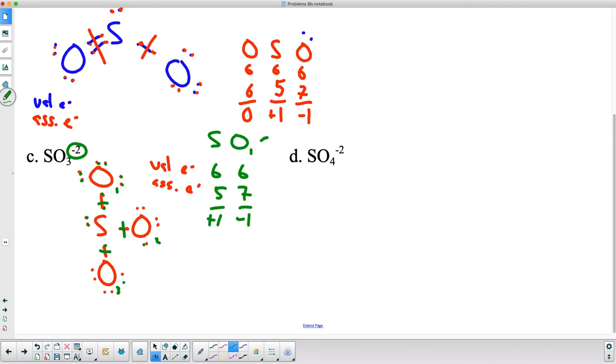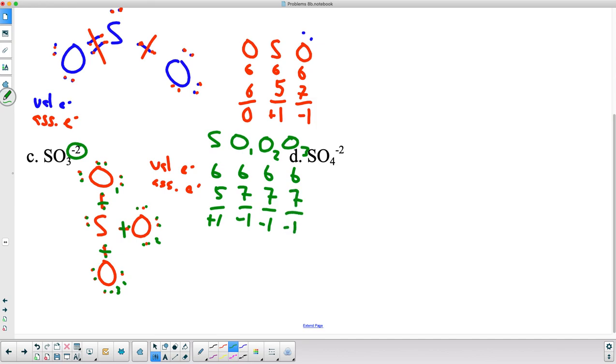How about oxygen number 2 is 6. 1, 2, 3, 4, 5, 6, 7. -1, and oxygen number 3 is 6 valence electrons, and 1, 2, 3, 4, 5, 6, 7.